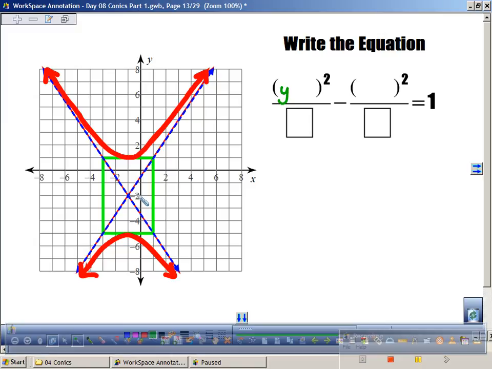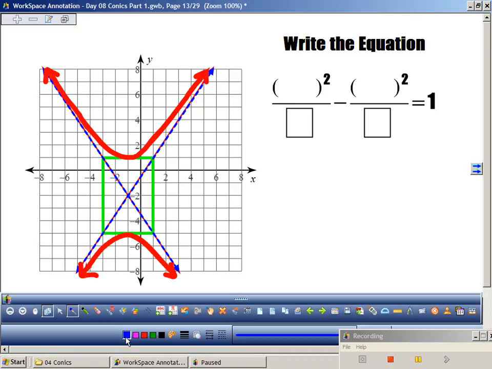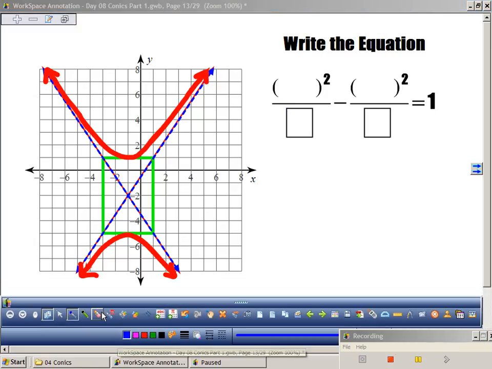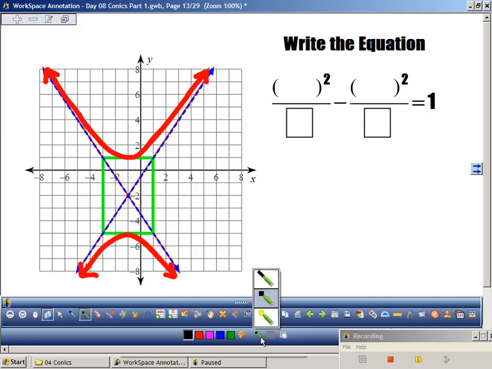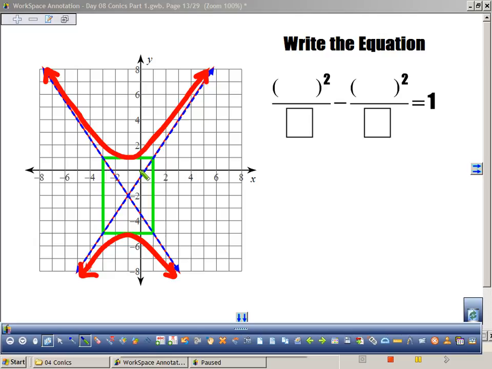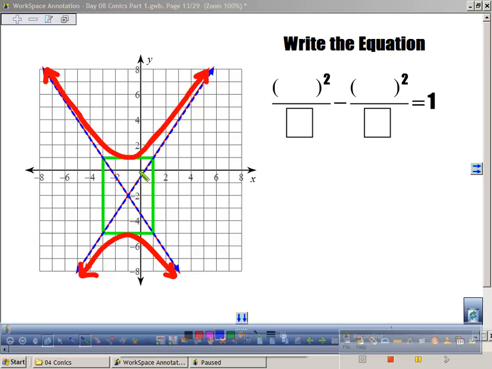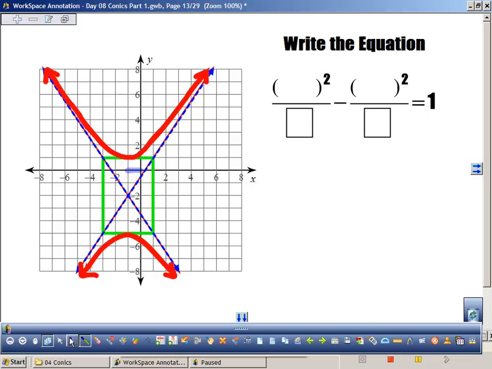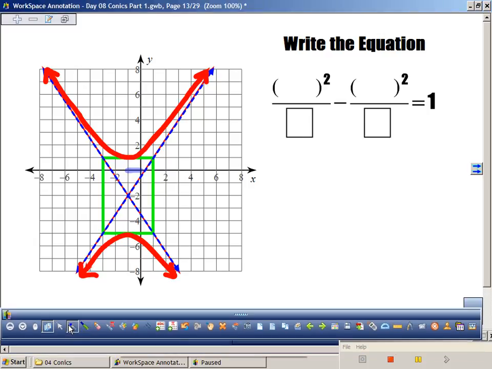Let's do the x first. It works better. If we do the x first, the x is shifting. If here's the origin, don't I have to shift to the left 1? Because we're eventually getting here, right? So I have to shift to the left 1. So my x is going to be x, not minus 1, but plus 1.